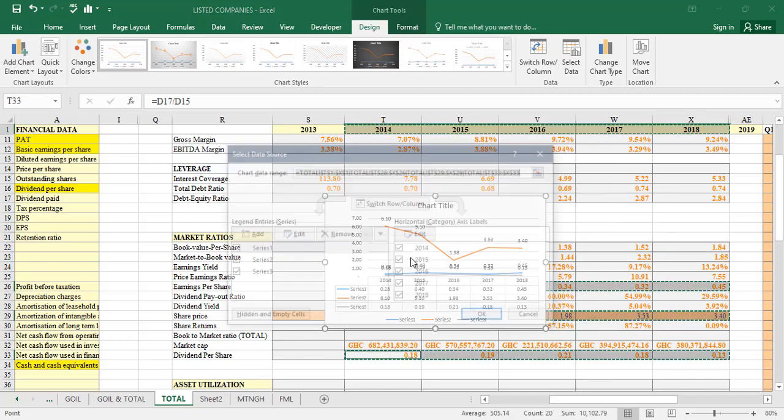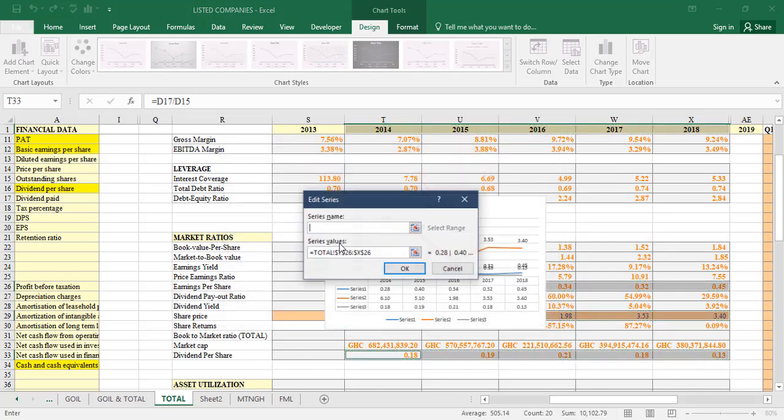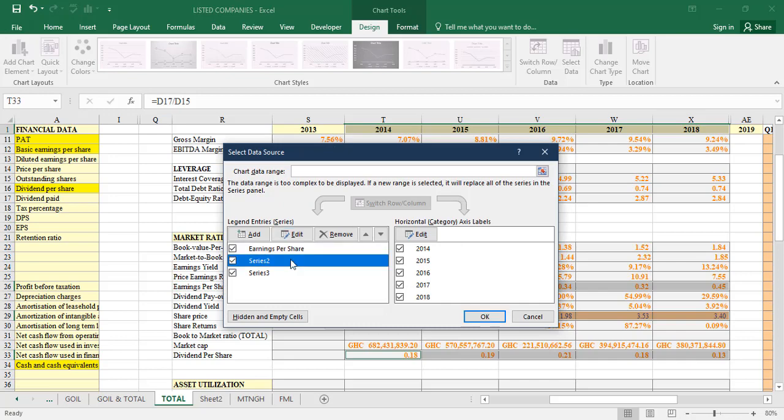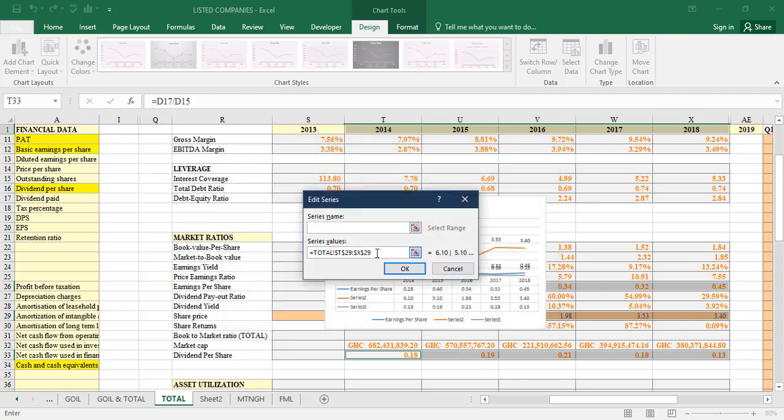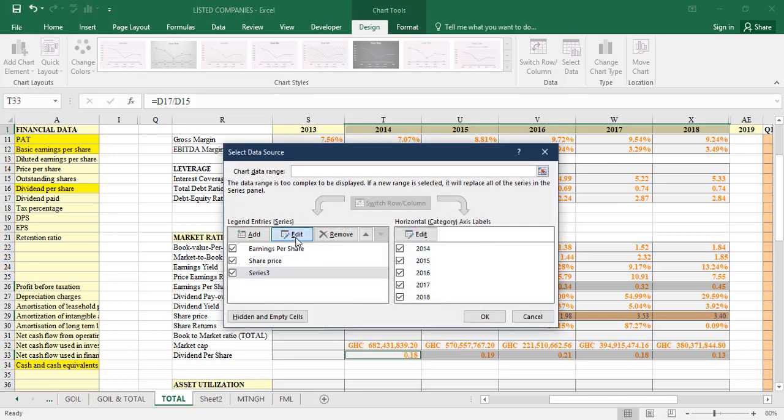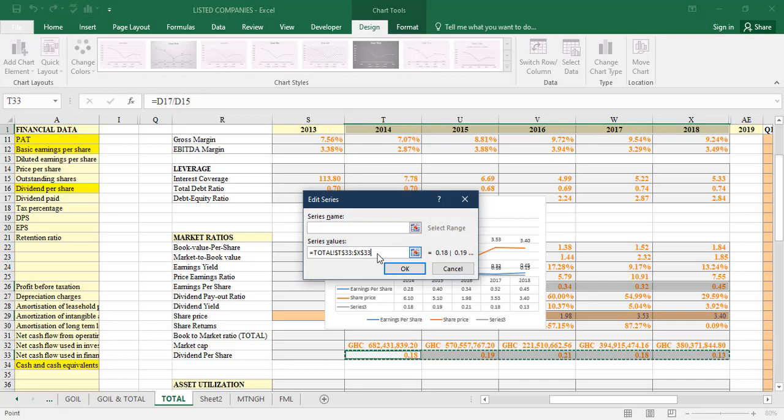select data. Okay, so we have the first one being the earnings per share. The second one being the price, that's the market price of the stock, and then the last one being the dividend per share.